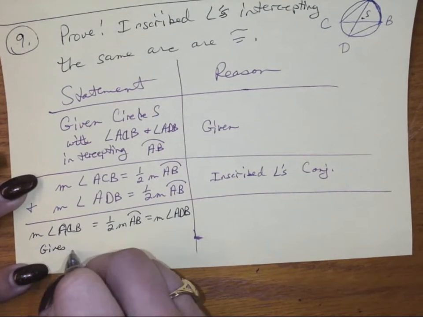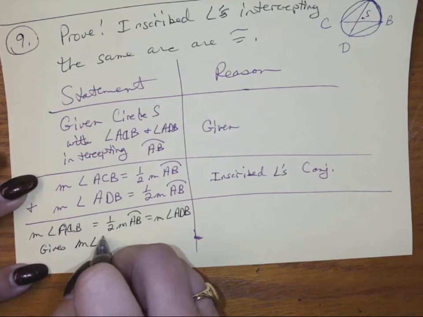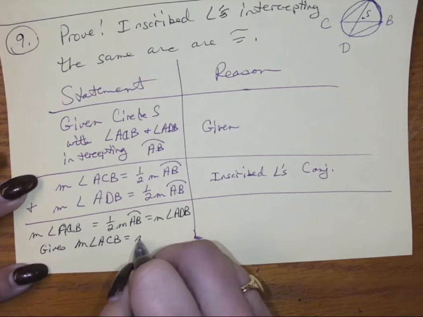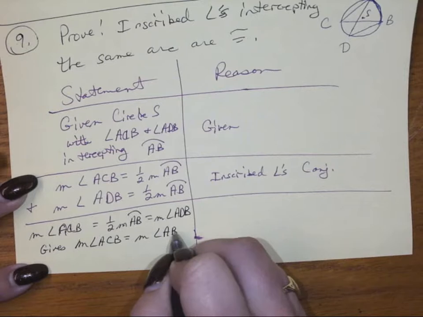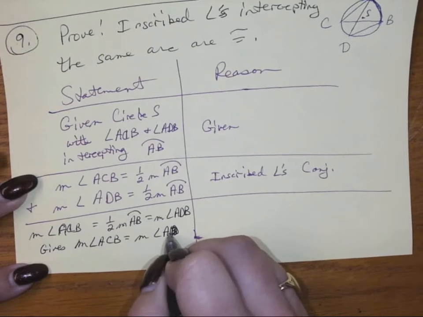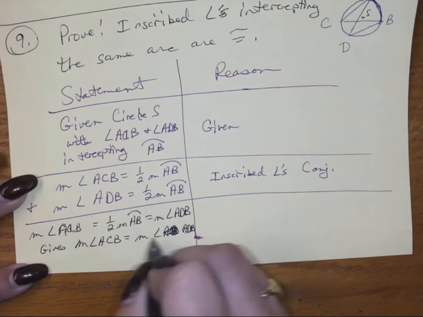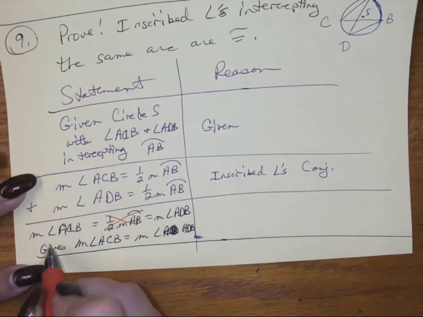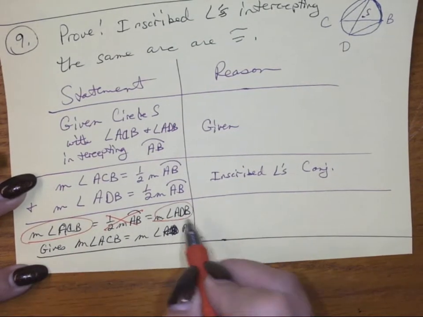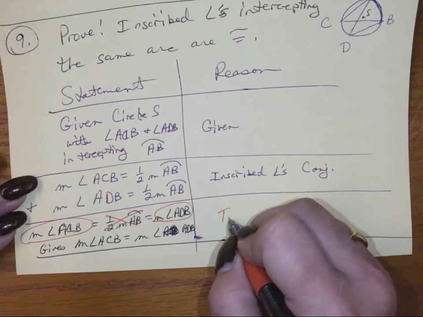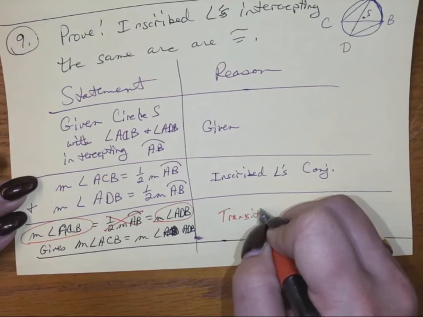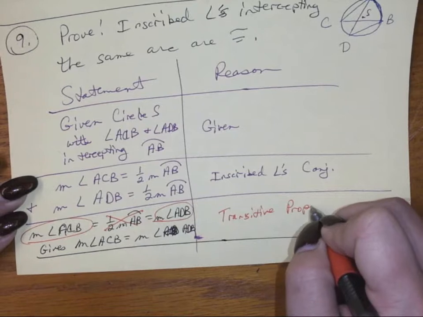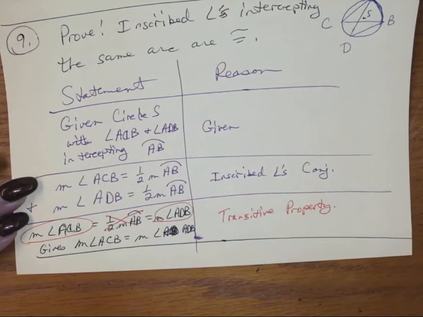This will give me the measure of angle ACB is equal to the measure of angle ADB. Because I'm going to drop the guy out of the middle and I'm going to be left with the guy on the left and the guy on the right. And that is the transitive property, right? That's what I'm after, transitive property.